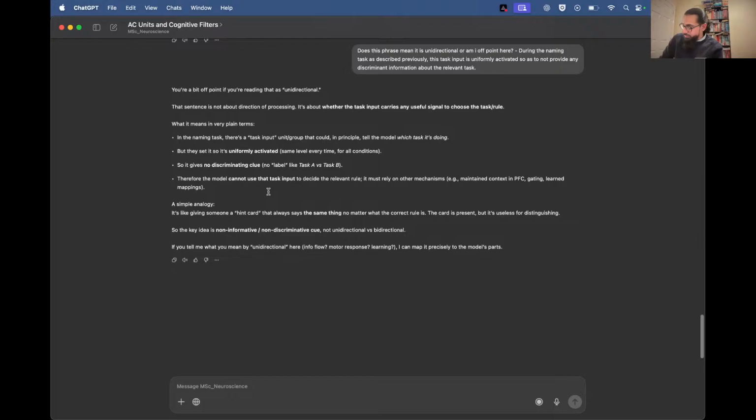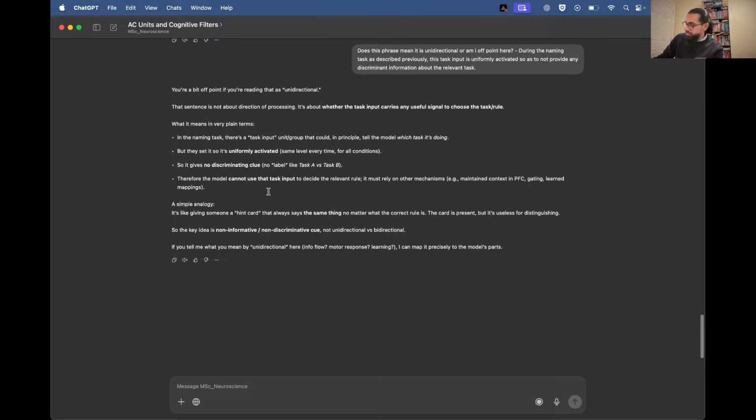Right. Model cannot use that task input to decide relevant rule.